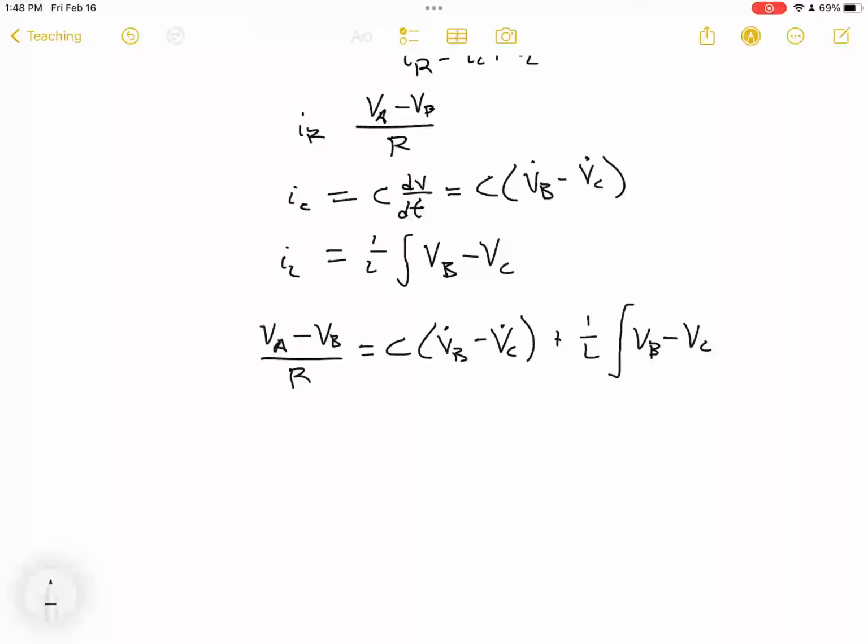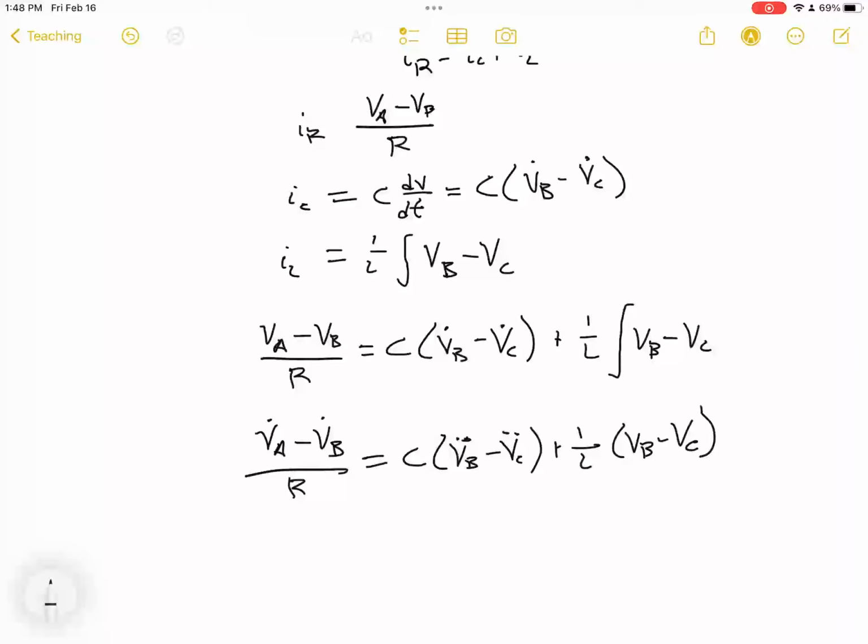So if we take the derivative of VA minus VB over R, we'll just have VA dot minus VB dot over R equals C times VB double dot minus VC double dot plus 1 over L times VB minus VC. And this can be rearranged into a second order linear differential equation, which we've been dealing with so far up to this point.